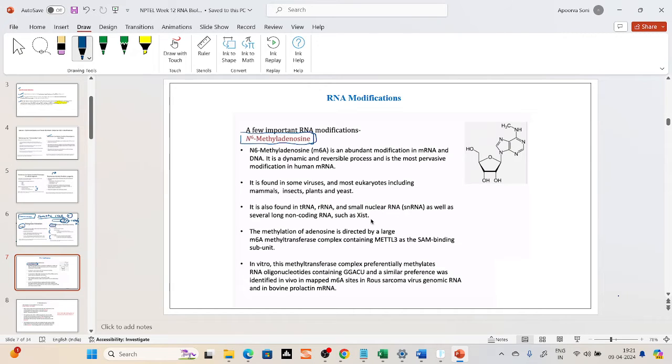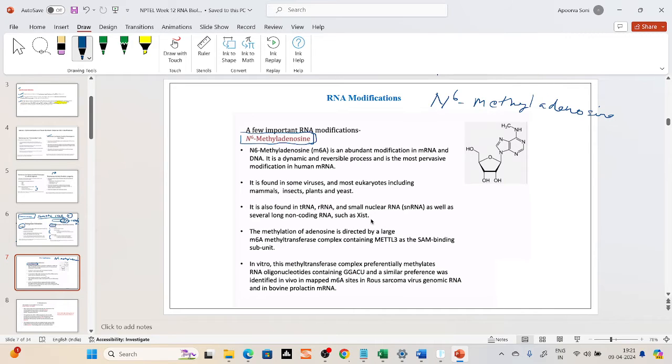Then the methylation of adenosine. So what is this modification? It is N6-methyladenosine.